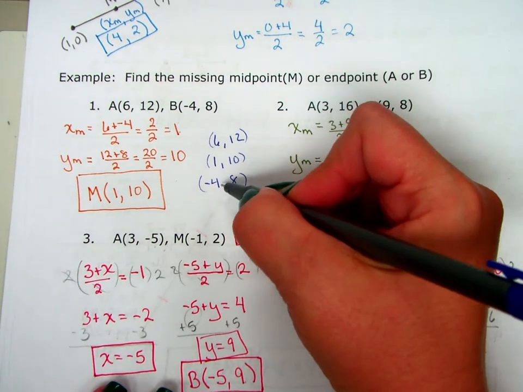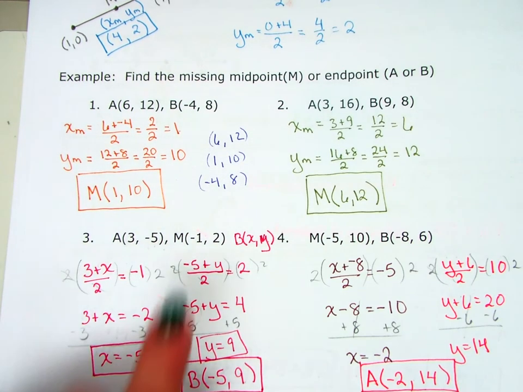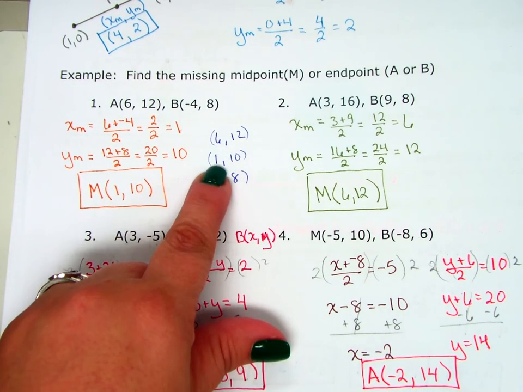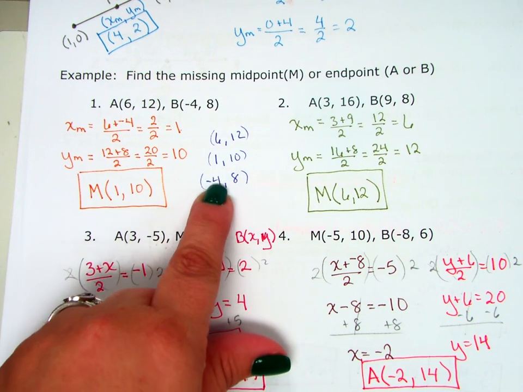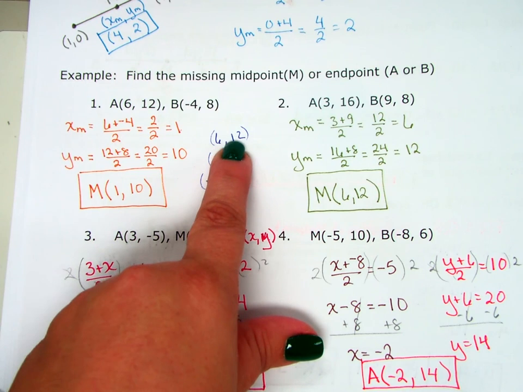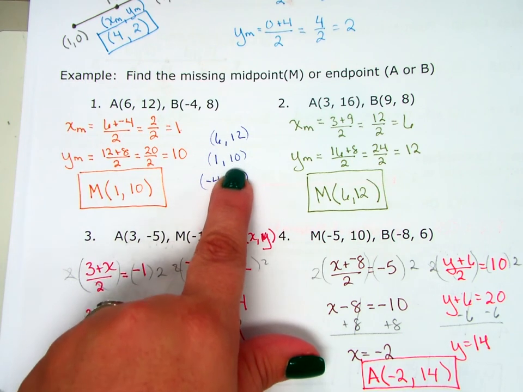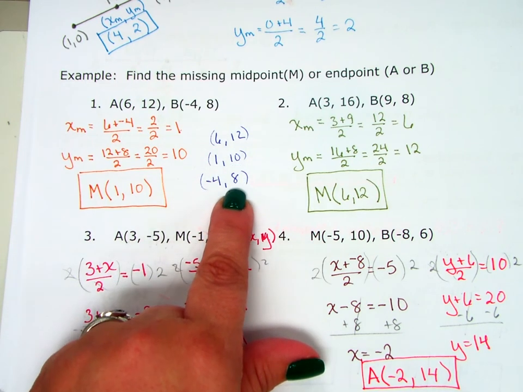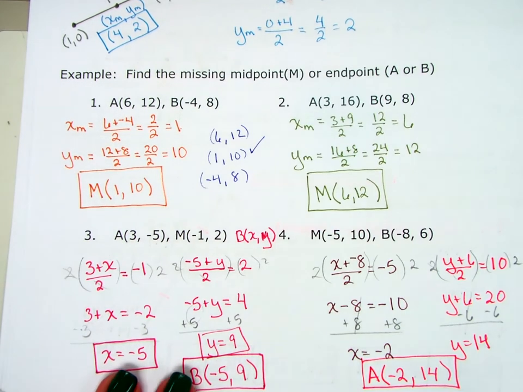When I have my x's stacked, it makes it easier to say, to get from 6 down to 1, I have to go down 5. If I go down 5 more, do I get to the right place? Yes, I do. From 12 down to 10, I went down 2. If I go down 2 more, I get to 8. I can be confident that this is correct.